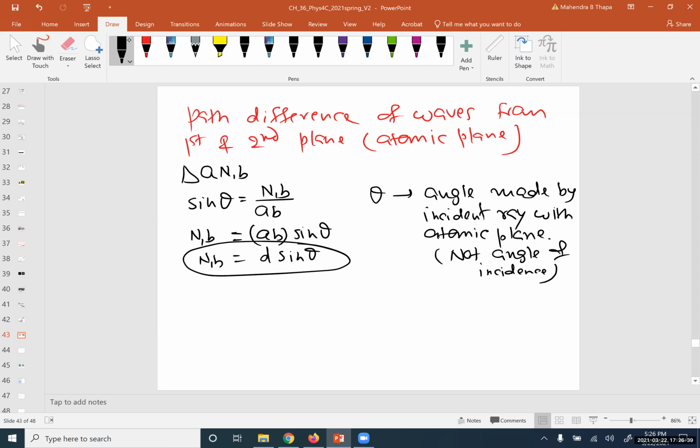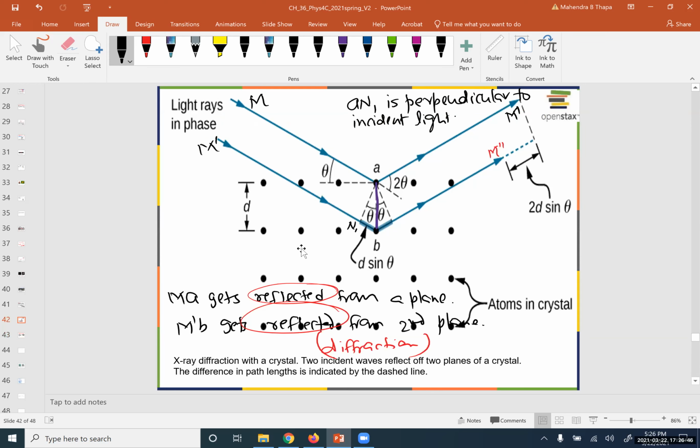Similarly, I draw the perpendicular A N2, which is perpendicular to the reflected light from the second plane.